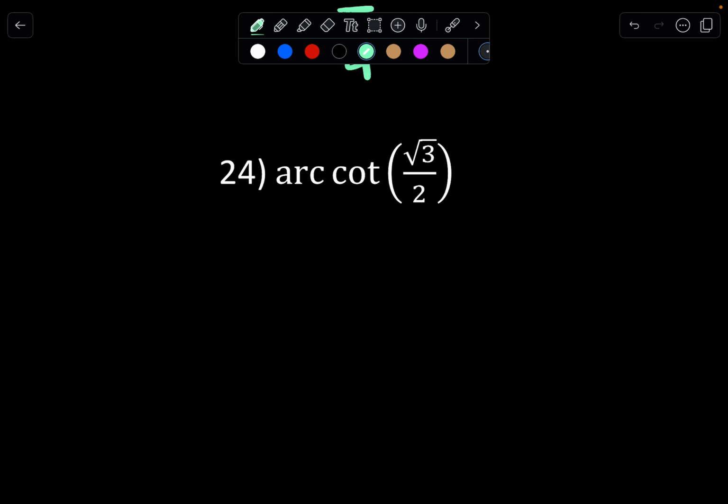Arc cotangent of √3/2. Here's another tricky one. So √3/2 is on the unit circle, but it is specific to sine and cosine. Cotangent does not have a coordinate that is √3/2, okay? So this is definitely going to be a calculator question.